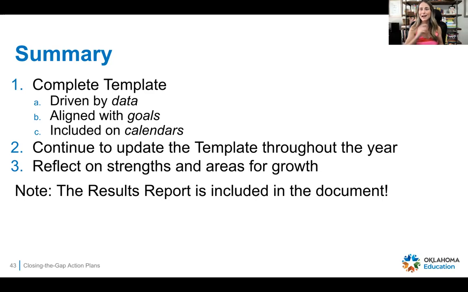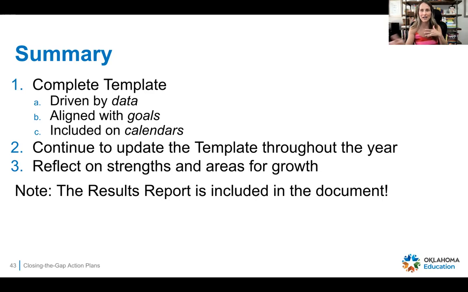Then we're going to pop back in and be updating throughout the year, right? We're going to provide those services. We're not going to say, oh, that Closing the Gap template was already completed. We can't do that. Of course not. We're here to meet the needs of our kids, and we'll update the template as we go.